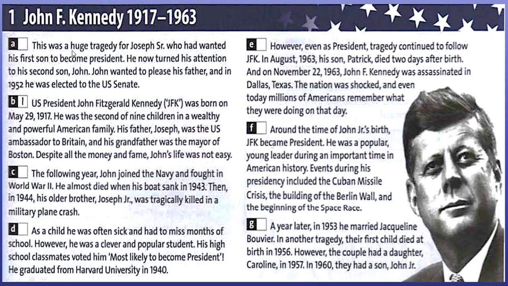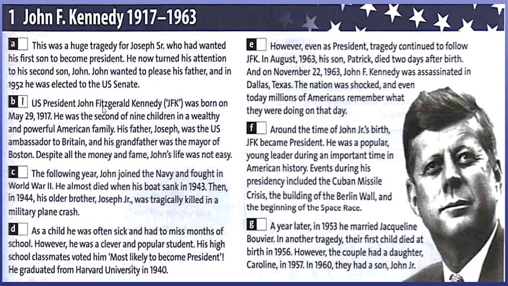This was a huge tragedy for Joseph, who had wanted his first son to become president. He now turned his attention to his second son, John. John wanted to please his father, and in 1952, he was elected to the U.S. Senate.